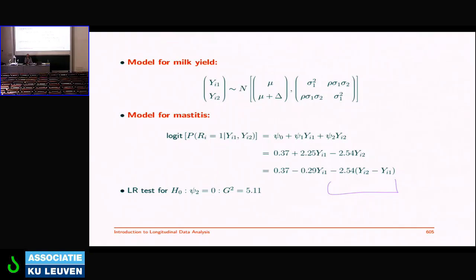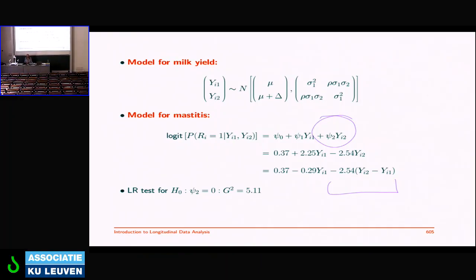All of this is valid provided that the model put forward is right, and that we can never know. Who says that this is the dependence on y2? Why not y2 squared? Why not y2 to the third? Why not 1 over y2? Why not also the interaction of y1 and y2? We simply don't know, because y2 is observed but only partially so.